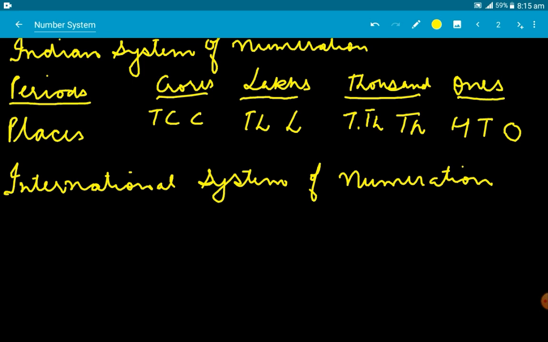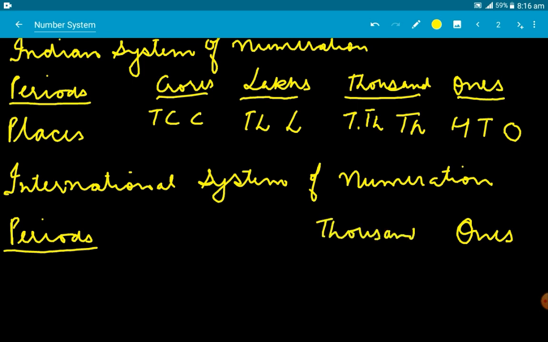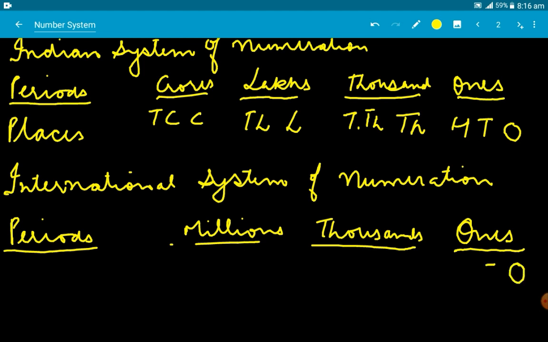Here the various periods are ones, then thousands, and then millions. In international system of numeration, the number of places in each period is three.